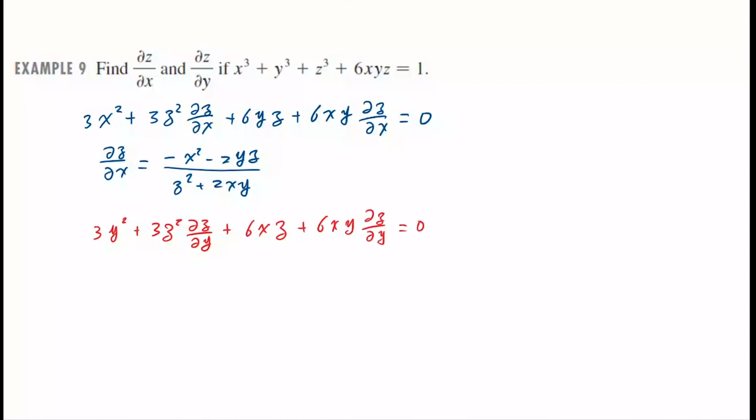So we get a very symmetrical result. This thingy is equal to negative y squared minus 2xz over z squared minus 2xy. How about that? Good.